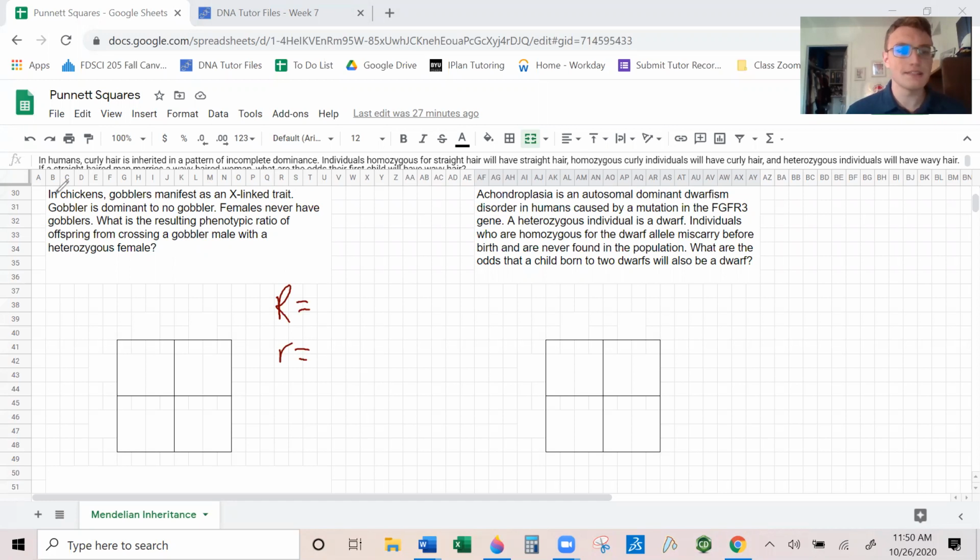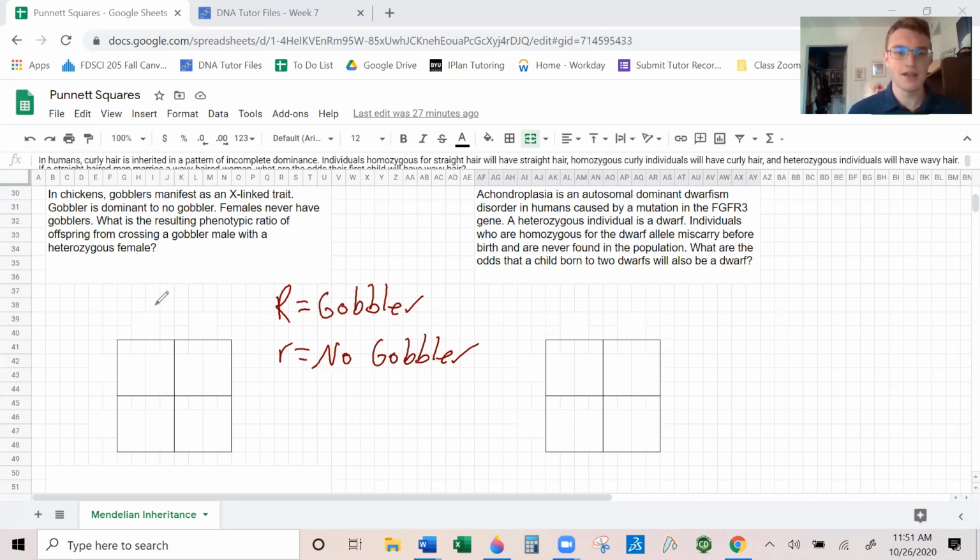In chickens, gobblers manifest as an X-linked trait. Gobbler is dominant to no gobbler. So big R means gobbler, and little r means no gobbler. Okay, females never have gobblers. We'll come back to that. What is the resulting phenotypic ratio of the offspring from crossing a gobbler male with a heterozygous female? Okay, a gobbler male.